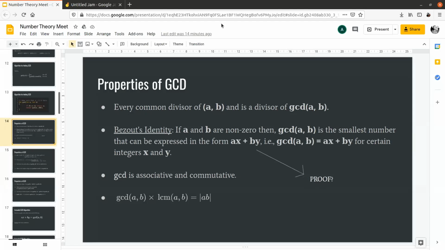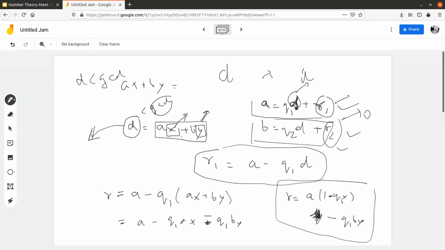Yeah, so R1 and R2 are by default smaller than D, because R1 and R2 are the remainders. So what I started with is that I considered that let D be the smallest number that can be represented as AX plus BY.